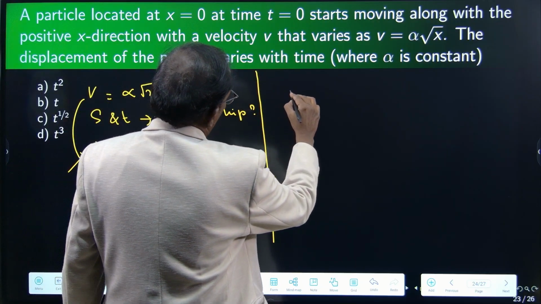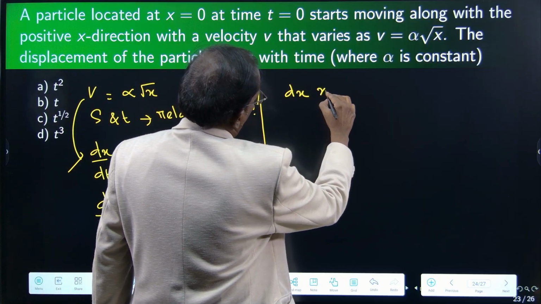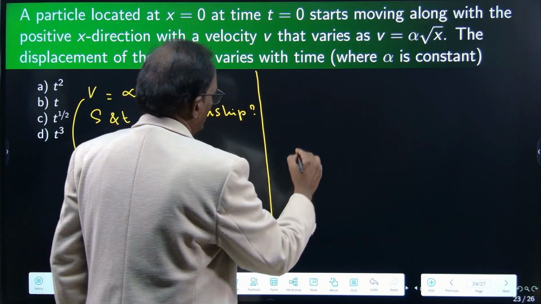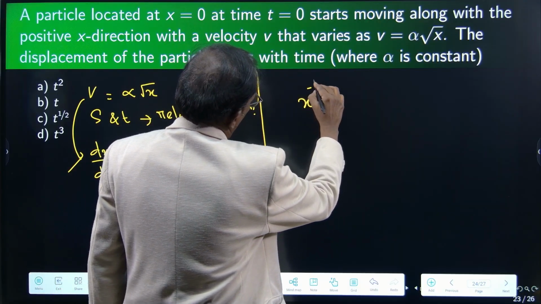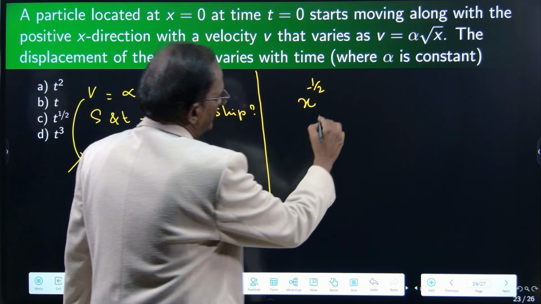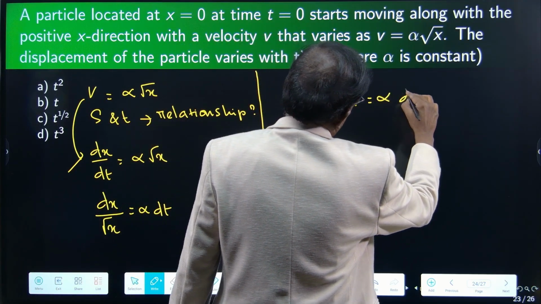Dx, written here, root x, x power minus half is 1 by root x, right? Then dx is equal to alpha times dt.